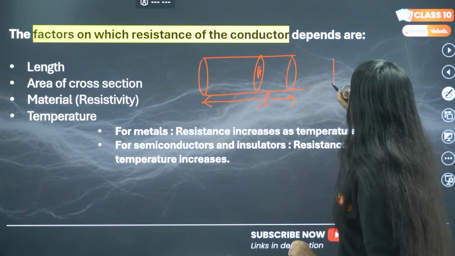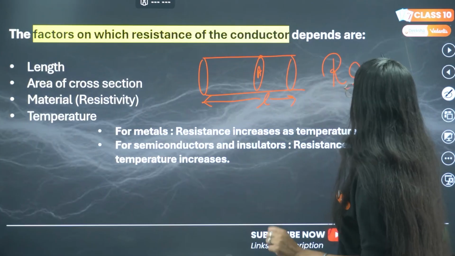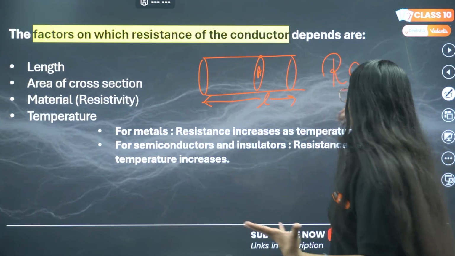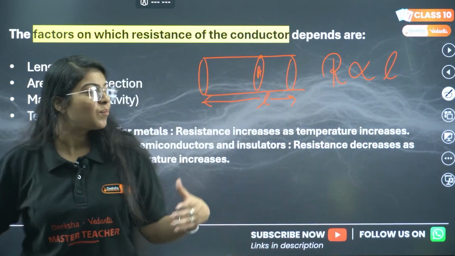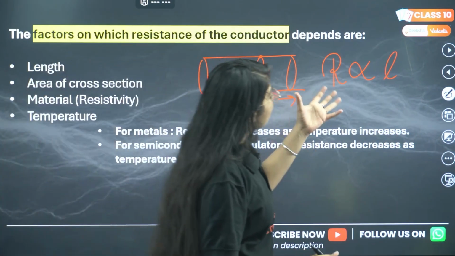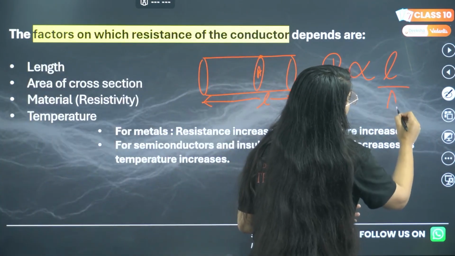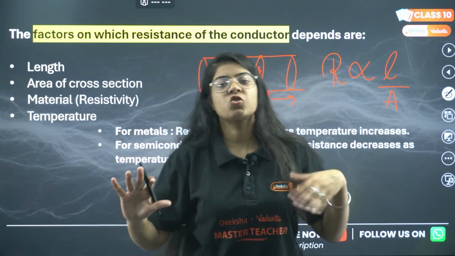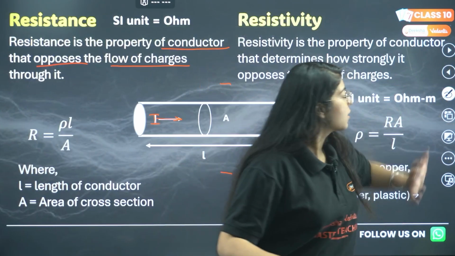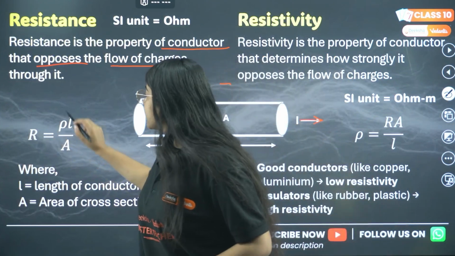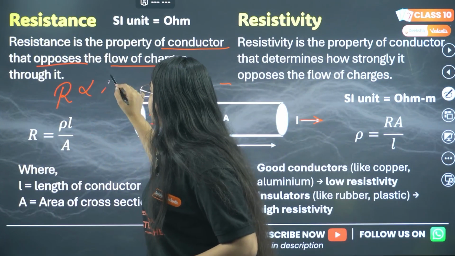So my resistance is directly proportional to the length. So as length increases, my resistance will increase, and it's inversely proportional to the area. Larger the area, smaller the resistance. So what was the last? Yeah, R is directly proportional to L by A.